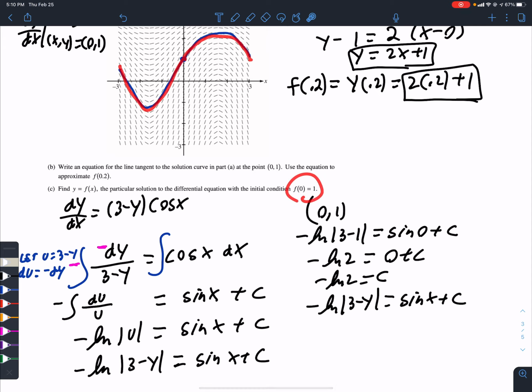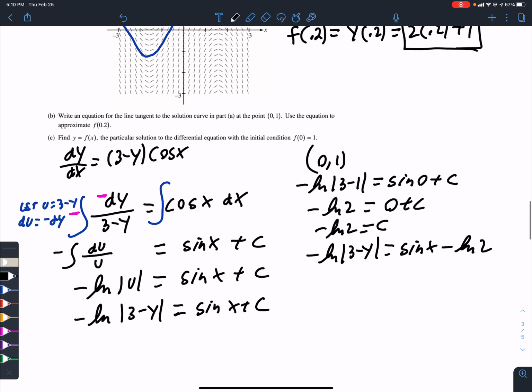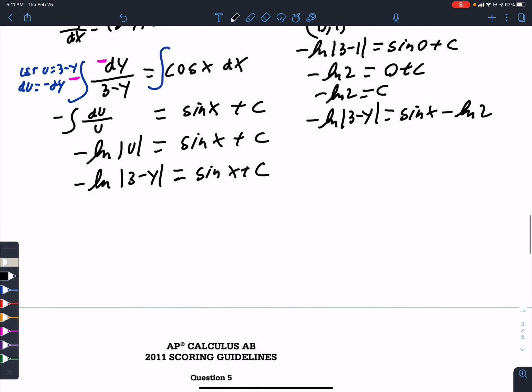We are trying to find the equation of that blue line, but we got to plug in c, and I didn't plug it in there. C is minus ln 2. So there is our equation, but now I have to solve for y. All right, solving for y is 1 point, but here we go.